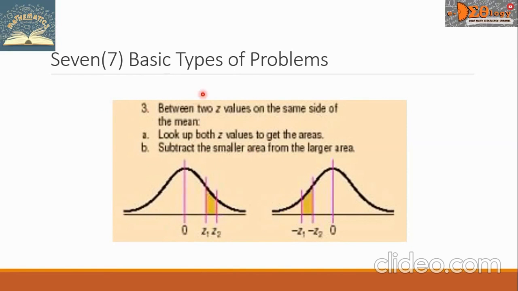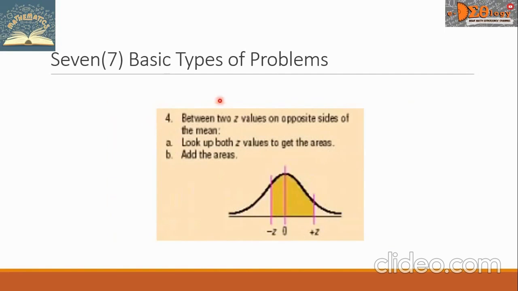Case 3, between two z values on the same side of the mean, as we can see in these two figures. Letter A, look up both z values to get the areas. Next, subtract the smaller area from the larger area.